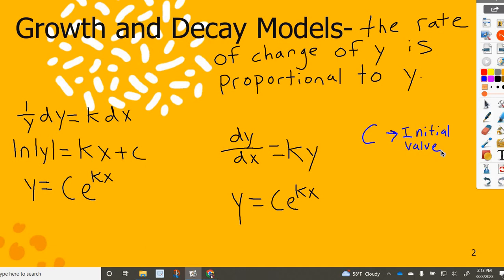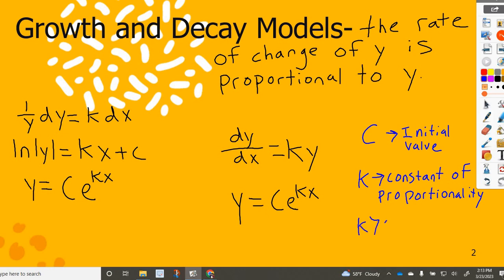Okay? Our k value is what we call our constant of proportionality. Basically, it's the constant that makes it proportional. But it's so long. There's so many letters.